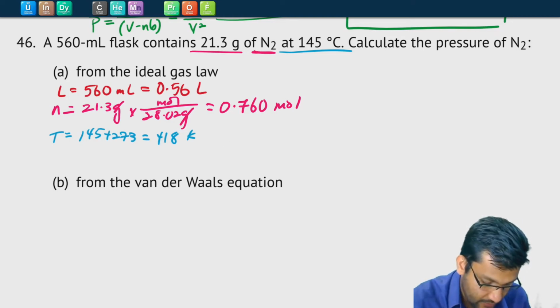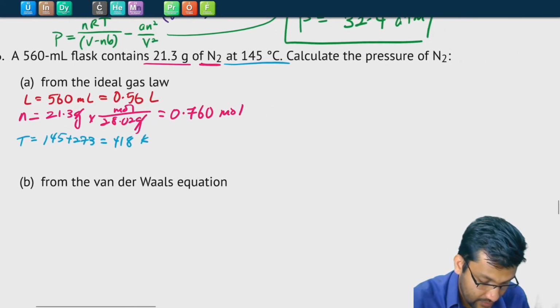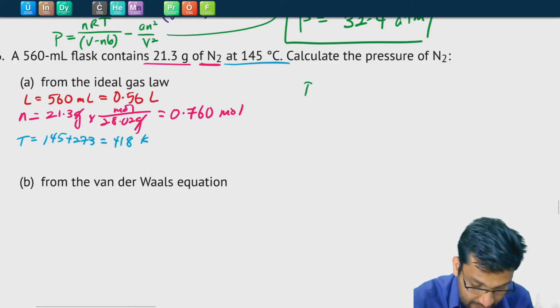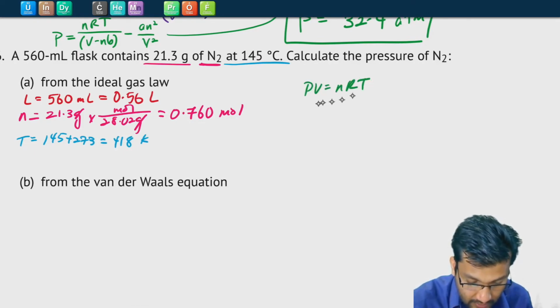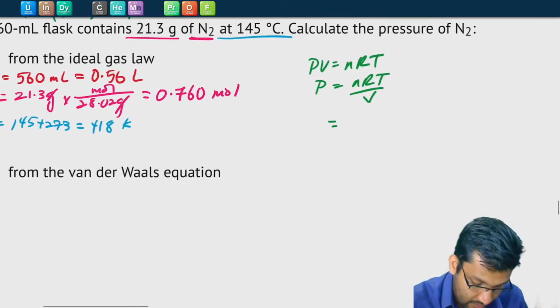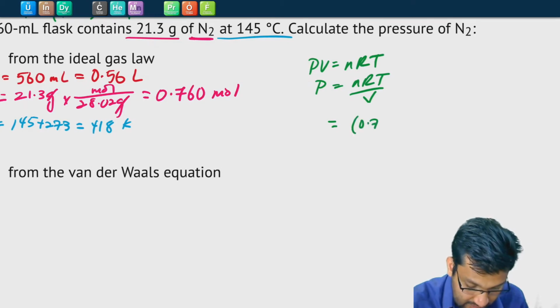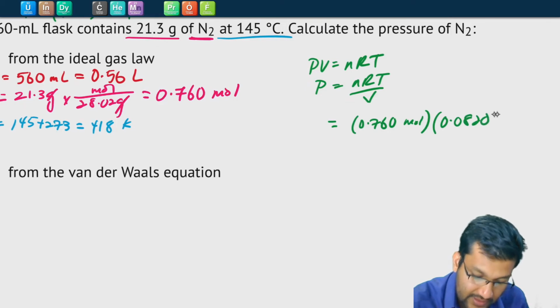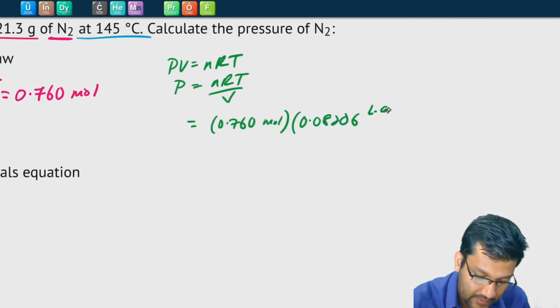That's it. So let's calculate the pressure. So we know that PV is equal to nRT, or rather P is equal to nRT over V. So let's substitute things. We got N is 0.760 moles, R is 0.08206 liters times atmospheres divided by moles times Kelvin.